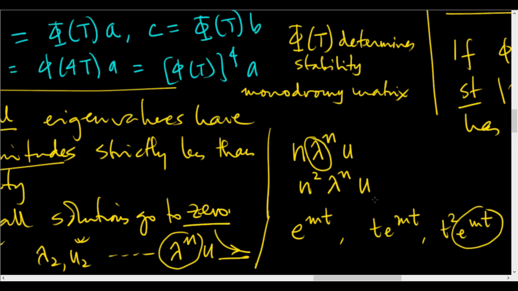I'm sorry, well, that's not quite true. What I mean is e to the power mt like this, okay? And then because we have chosen a time period now, you see, so then it is this e to the power mt is lambda, okay?